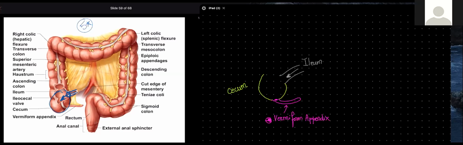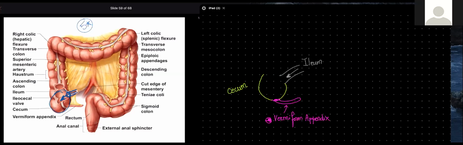If you are using a lot of antibiotics, those bacteria are going to be destroyed, and this will give a chance to pathogenic bacteria to take their place.